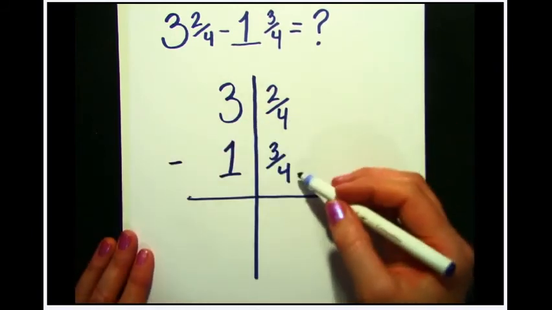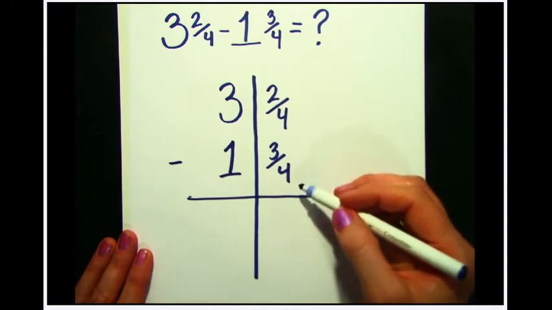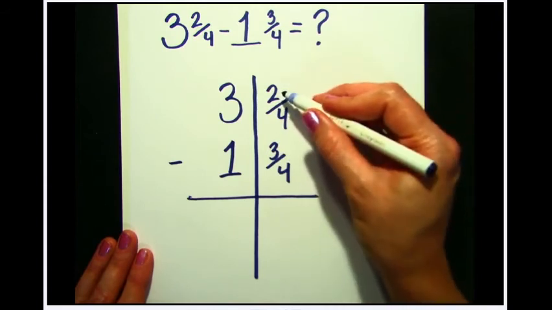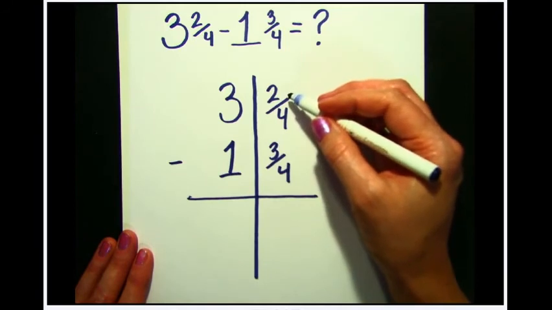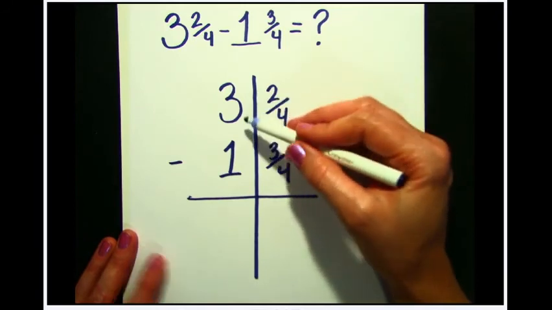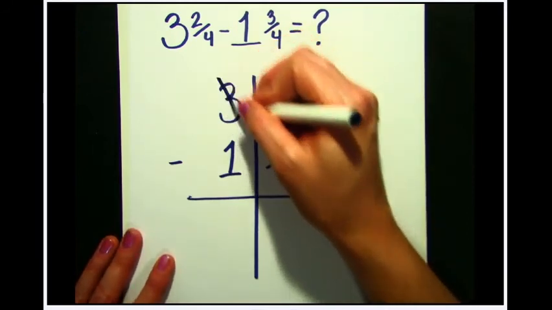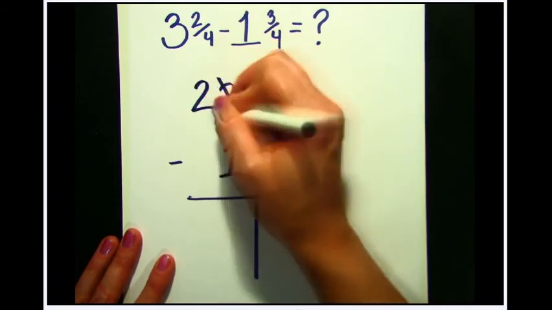They have the same denominators or like denominators, so I am able to subtract. So 3 minus 2. Oh no, I can't take 3 from 2. Okay, I'm going to have to borrow from this whole number over here. So if I borrow 1 from this whole number, the 3 becomes a 2.